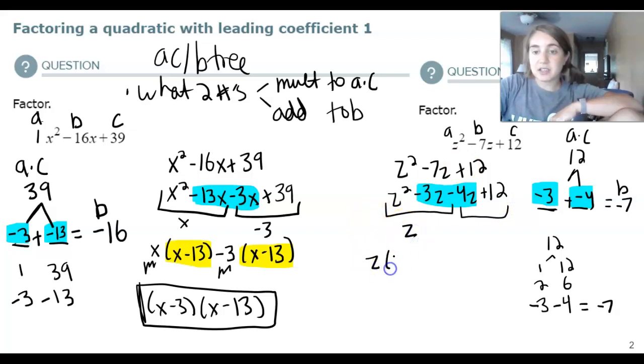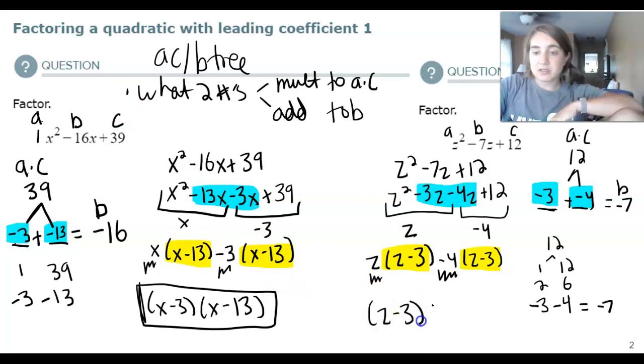I get z minus 3. Pull out a negative 4. Z minus 3. I have two matching, and I have my leftovers. And this is what I end up with.